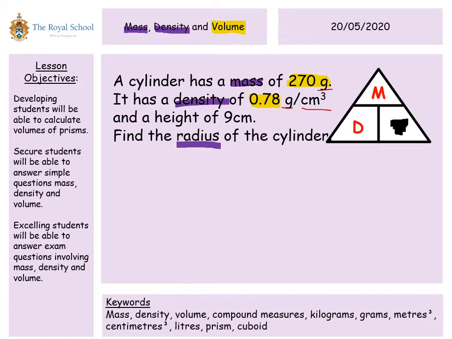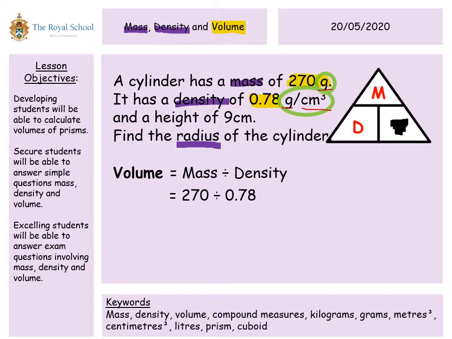So our units are consistent, so we can run the formula. So volume's mass divided by density, so 270 divided by 0.78, and that gives us 346.1538462. I would probably round your answer appropriately, so 346.2 if you were rounding to one decimal place, or 346.15 if you're going to 2 decimal places.